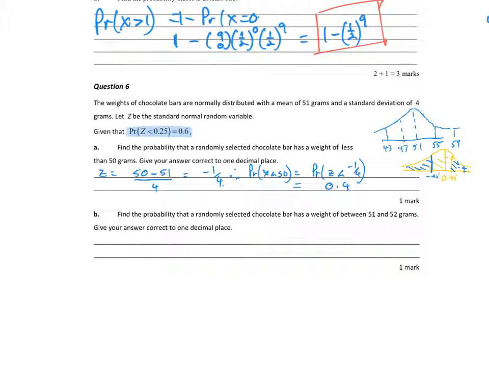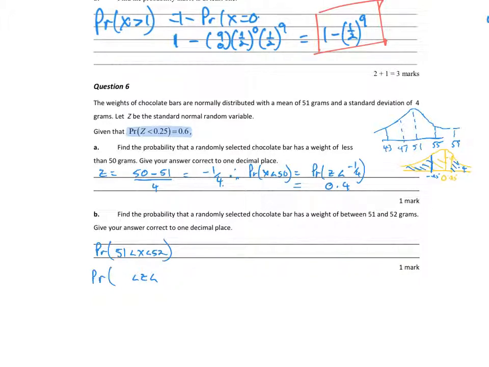Find the probability the randomly selected chocolate bar has a weight of between 51 and 52. All right. So what does that mean? The probability that 51 is less than X, which is less than 52, is the same as the probability. Let's get the Z values.